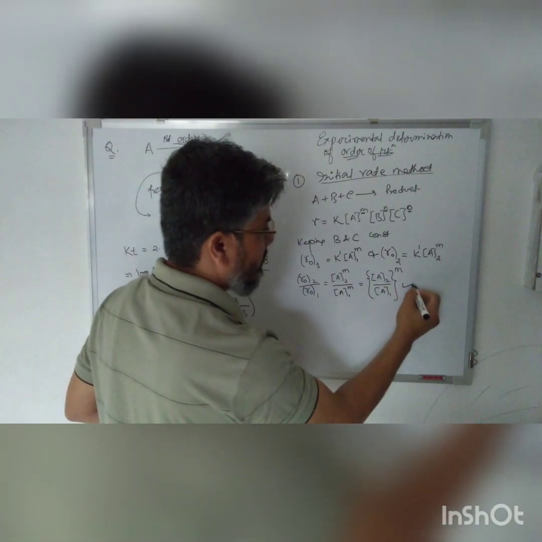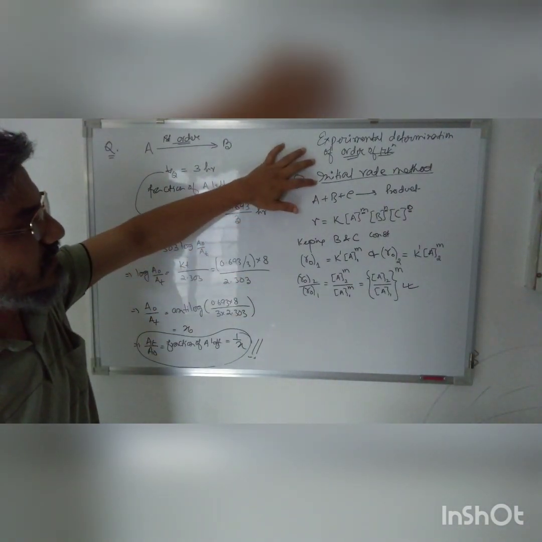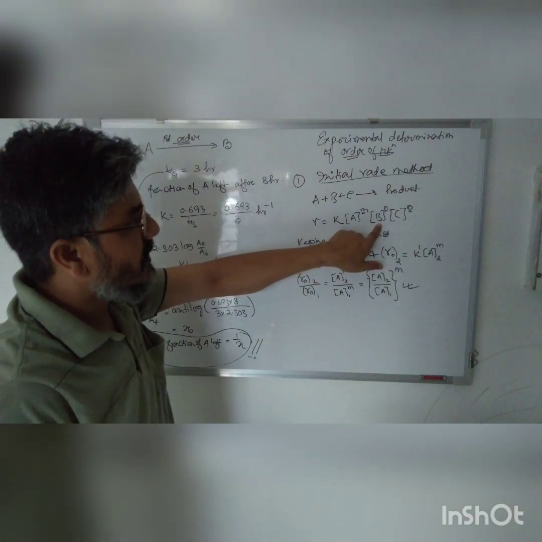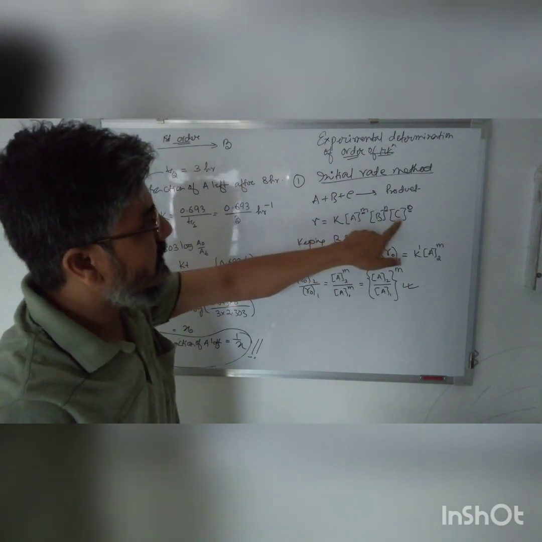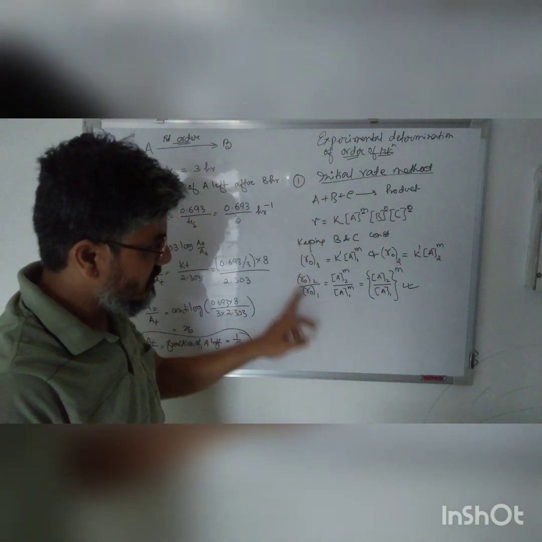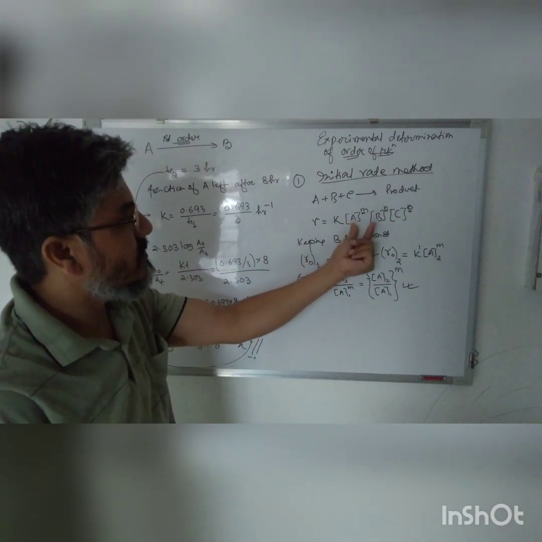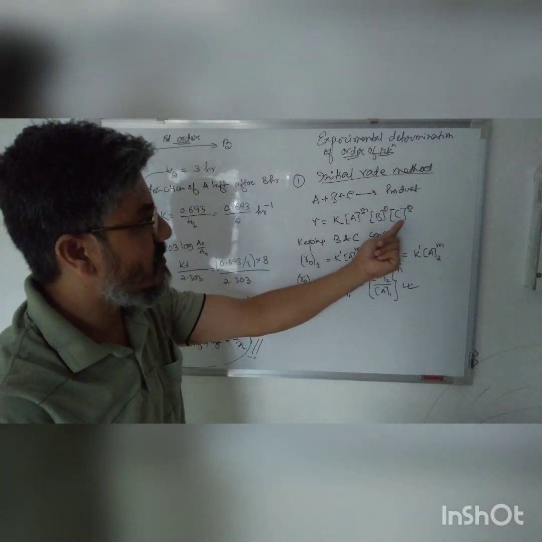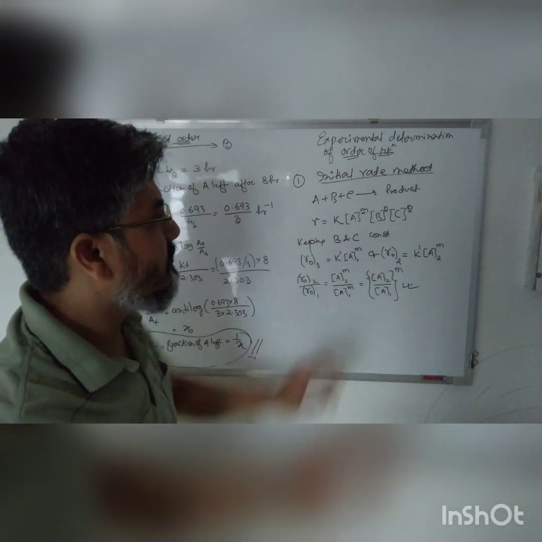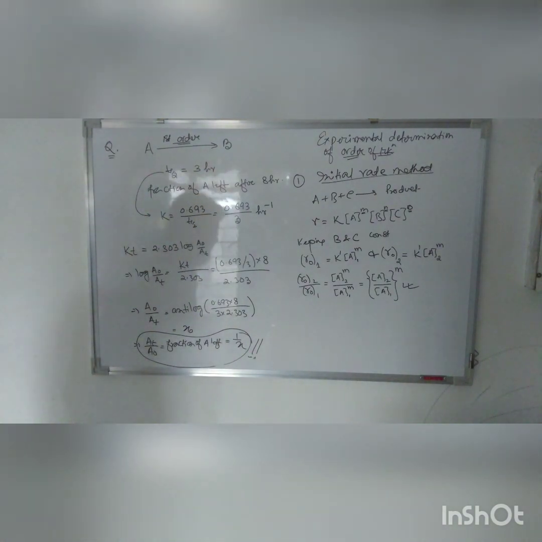So this is how we determine the order of reaction in terms of initial rate. To determine the order with respect to B, we take A and C to be constant and we vary the concentration of B, then we'll proceed in the same way. Similarly, to find the order with respect to C, we keep the concentrations of A and B constant and vary the concentration of C. So we'll take this ratio and find the order for each and every reactant A, B and C.